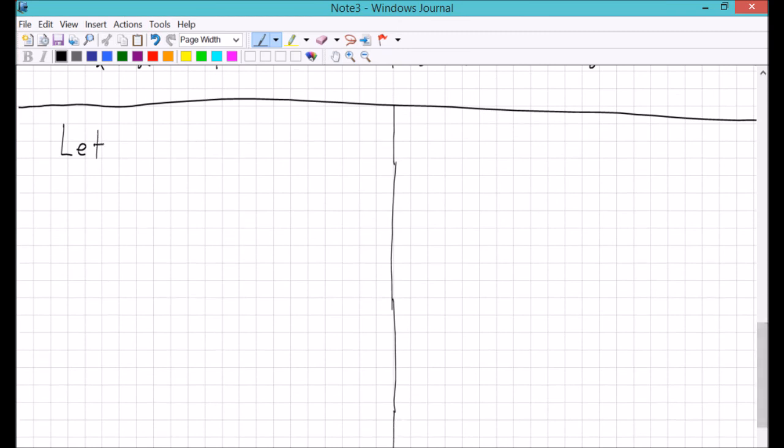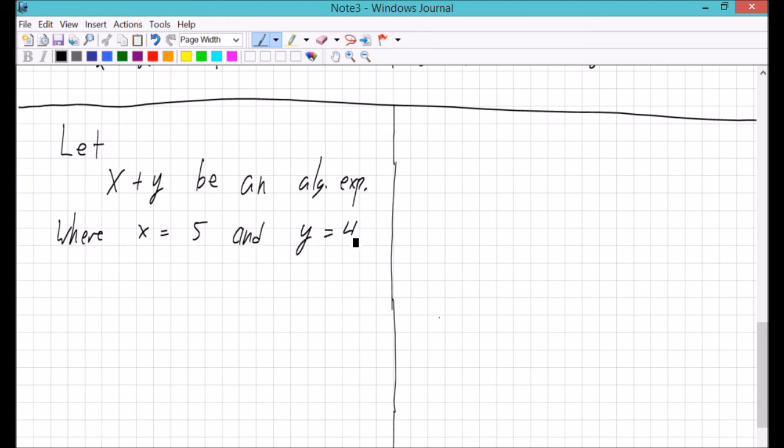So on the left, we'll say let x plus y be an algebraic expression, where x is equal to 5 and y is equal to 4. And then we would say evaluate x plus y.